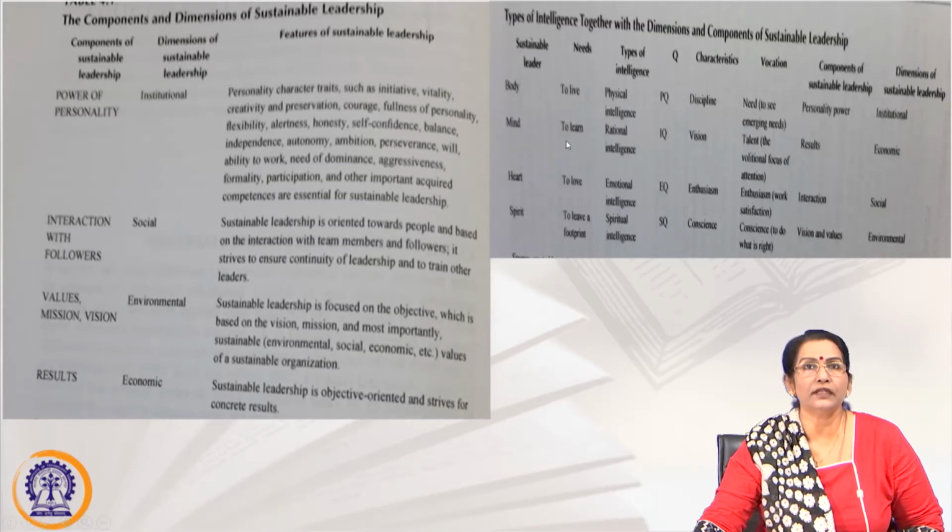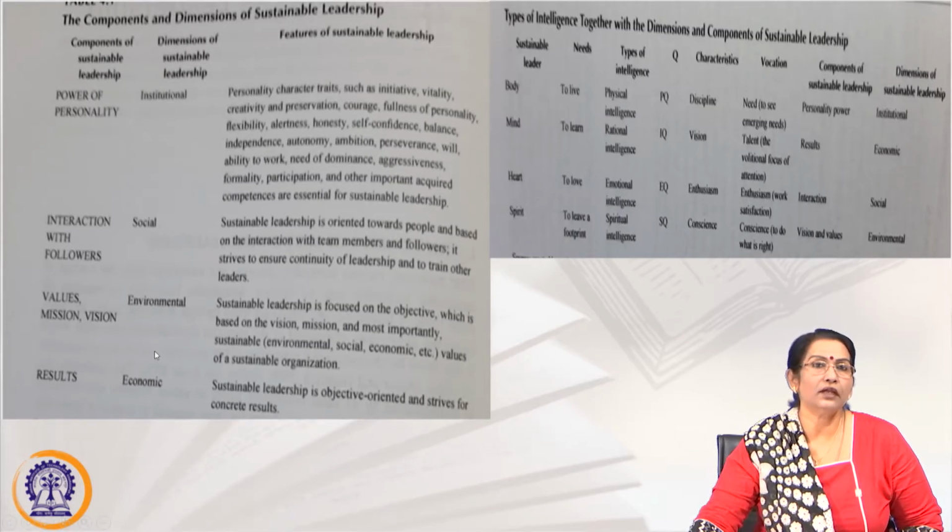Similarly, there is the type of intelligence that goes with the components and dimensions. For the personality or institutional dimension, it is all kinds of psychophysical attributes. For the social dimension, social interaction is more of emotional intelligence.